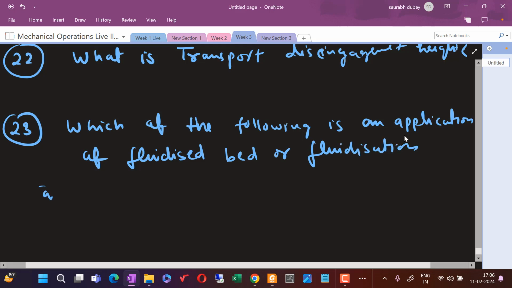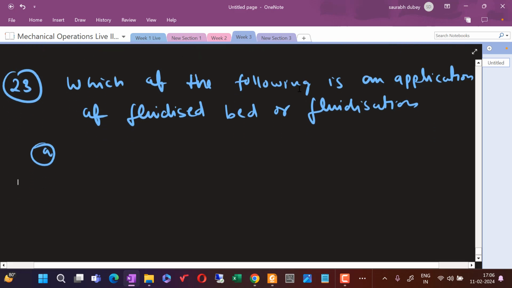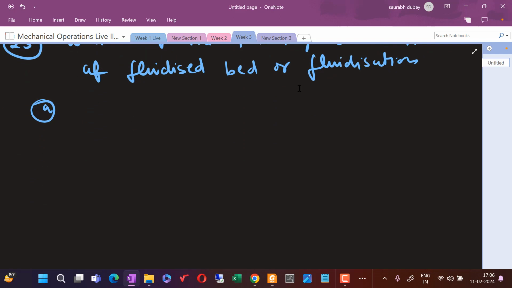The options are: A. It can be used as a solid cooler. So a fluidized bed can be used to cool the solids. Option A, this can be used to cool the solids. Yes, this is one thing.